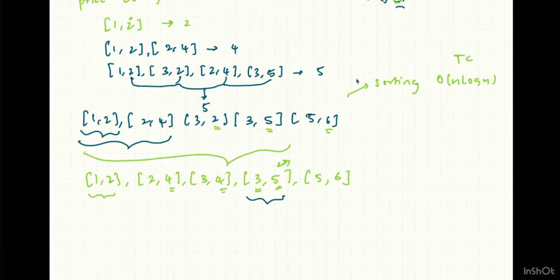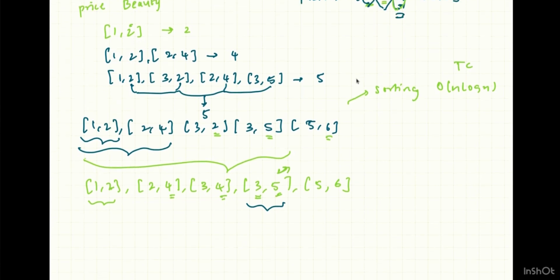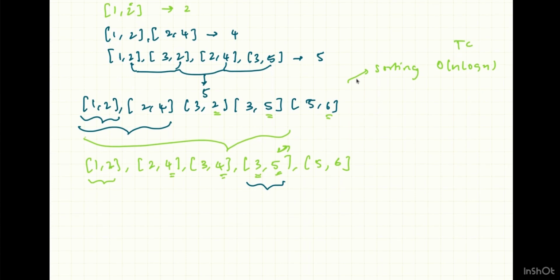Since all the prices are sorted, I can take benefit of binary search. The time complexity in this would be log n, right? I don't have to do the linear scan, I can simply do the binary search. This way the search space will be reduced by half every time.